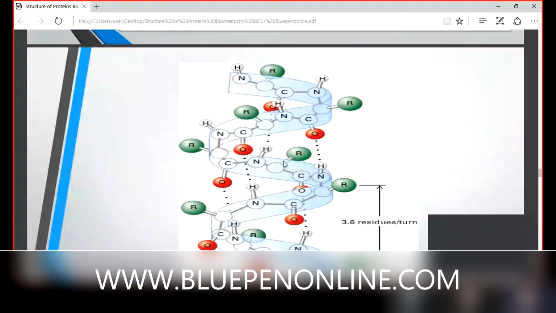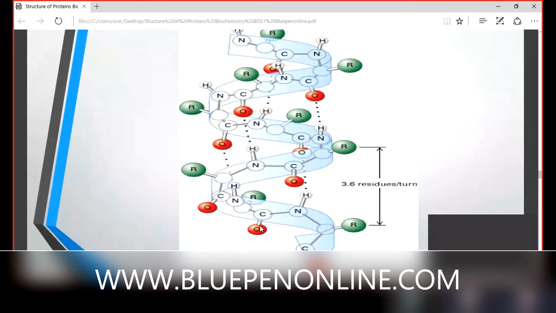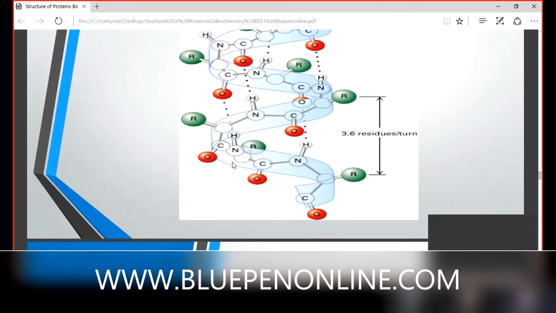How many hydrogen bonds are there in this structure? 1, 2, 3, 4. So simply it is weak, but collectively it is strong.